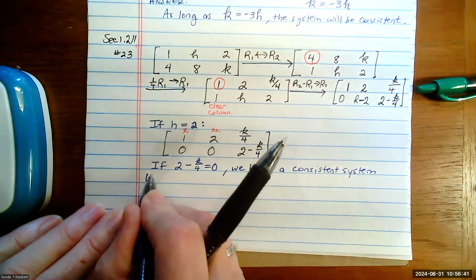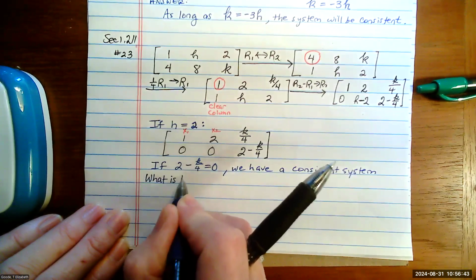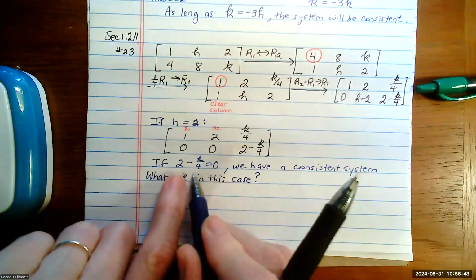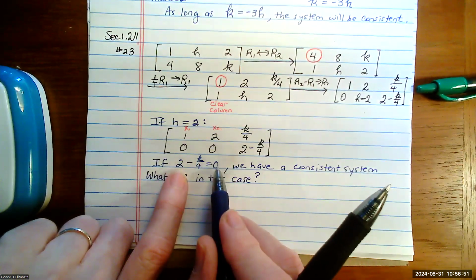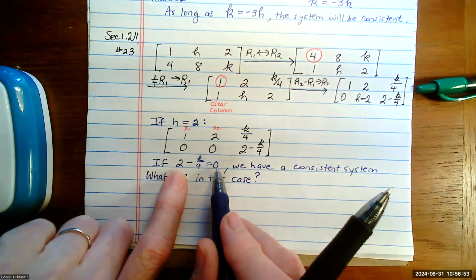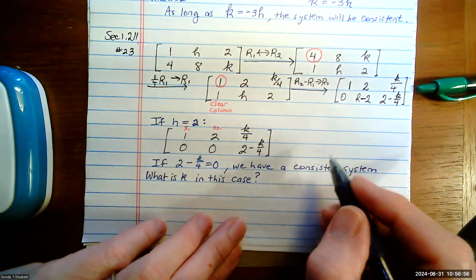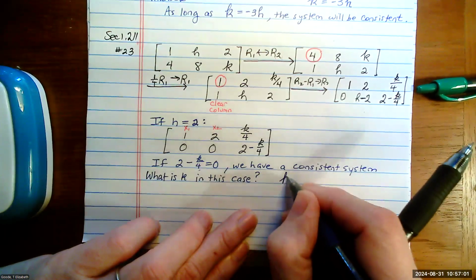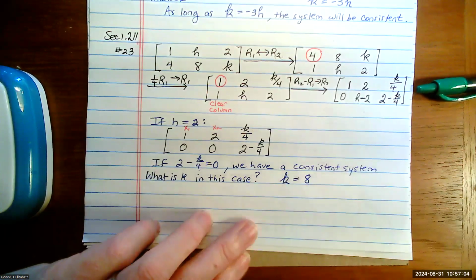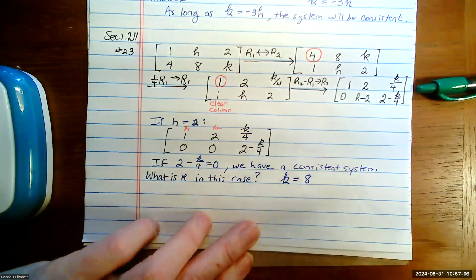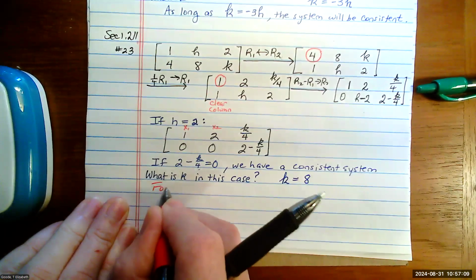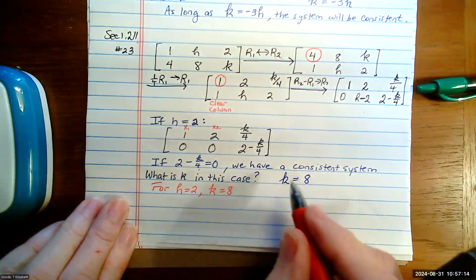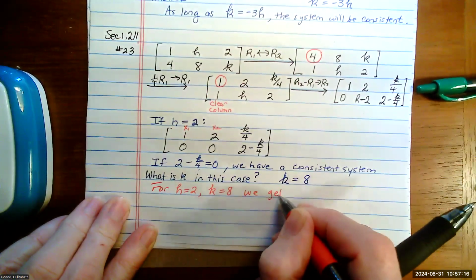So what is K in this case? All right, so we just bring the K over 4 to the other side as a positive K over 4, and then cross multiply, multiply both sides by the 4, and we get that K is 8. Okay, so for H equals 2 and K equals 8, we get this.